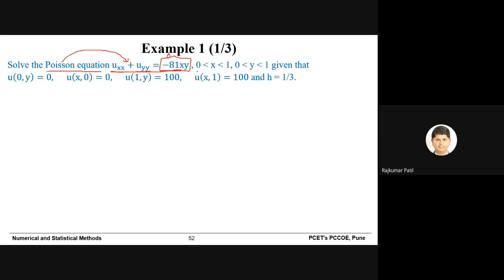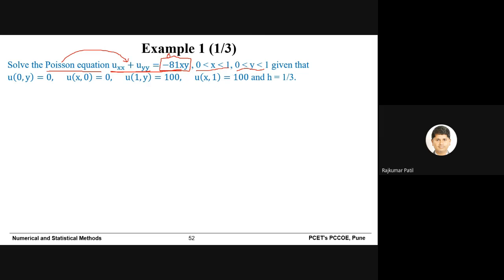The value of x varies between 0 and 1. Similarly for y, the range is between 0 and 1.